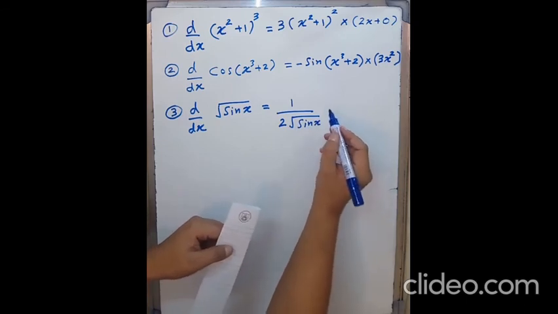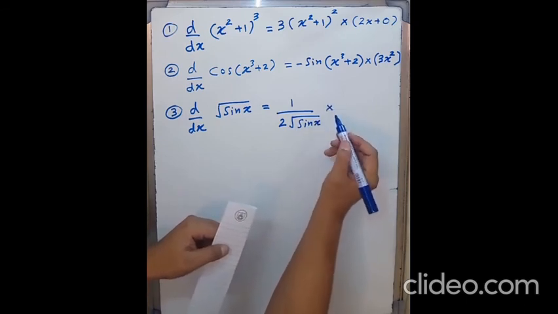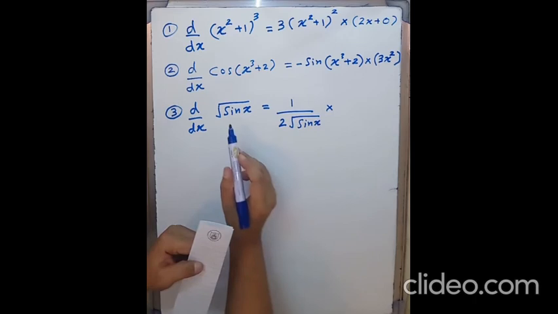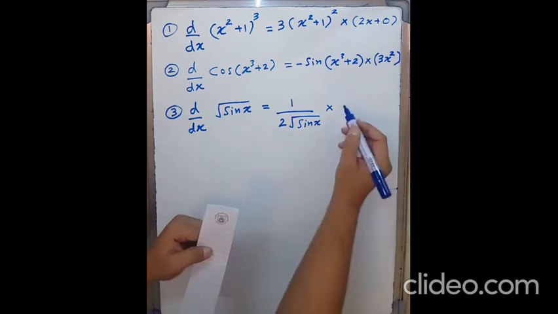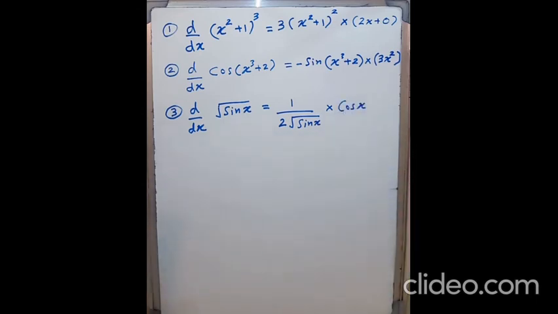Chain rule says we have to multiply this by the derivative of t, that is sine x. So the derivative of sine x is cosine x.